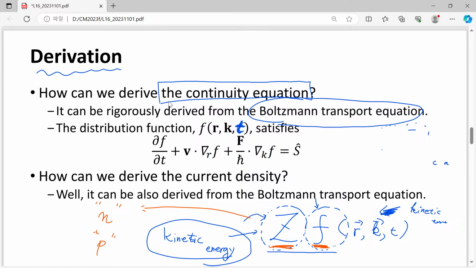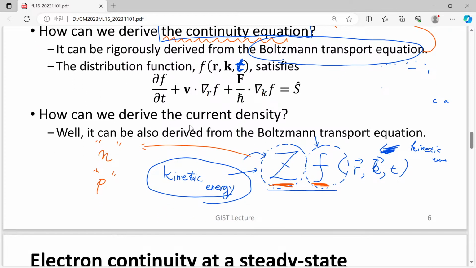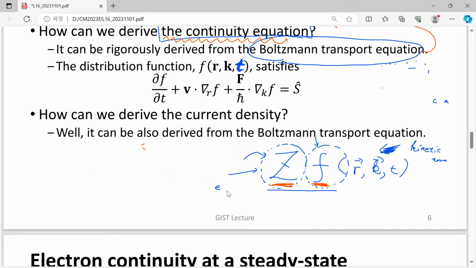The thing is, we can derive the continuity equation directly from the Boltzmann equation, which strongly supports that we can believe this continuity equation. Good, perfect. But if we go to the next topic, how can we derive the current density? Can we also derive this current density out of the Boltzmann transport equation?